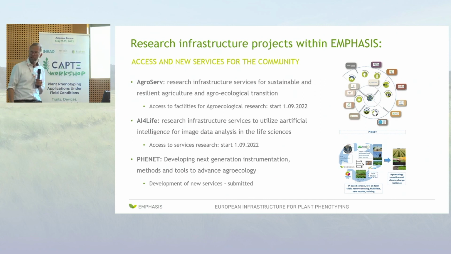Infrastructure for artificial intelligence, AI for Life, also starting in September 2022. And now just submitted, the VNet, developing next generation information methods in also agroecology. So infrastructure projects with access, available through EMPHASIS, or also with EMPHASIS.